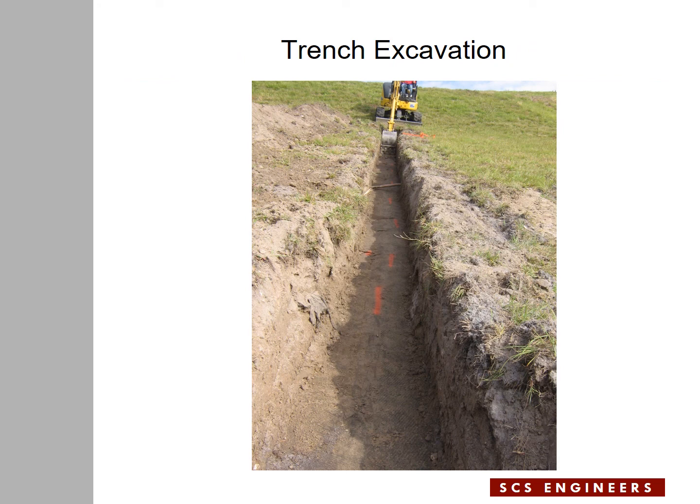Then a trench was excavated along the center line of the concave surface. Like I stated earlier, the center line ended up having a kink in it. I'll show you on the next slide the alignment of the trench. In this slide, you see that the trench is excavated all the way down to the top of the composite, and the drain system sits directly on top of the composite.